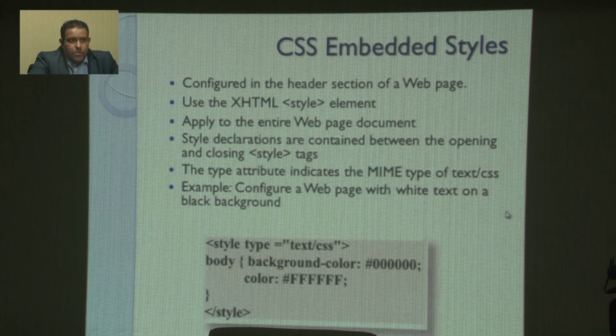The type attribute indicates the main type, text/css. Example, to configure a web page with white text on a black background, we can insert this code: style type equal text/css and close style. Between the two style tags, we insert the body background color and the color of the text.